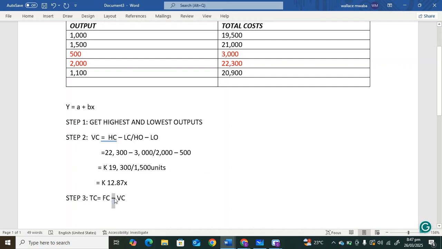So here we want to get our fixed costs, right? So fixed costs equals total cost minus variable cost.